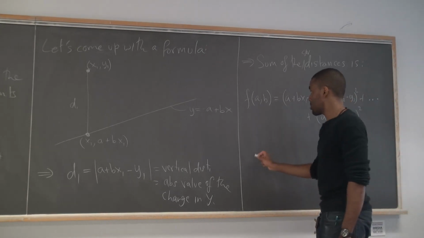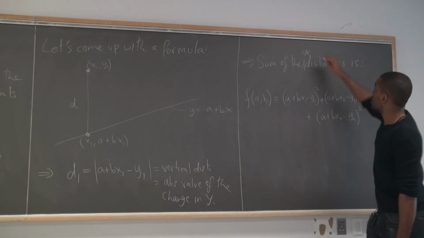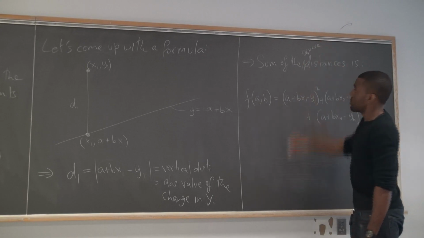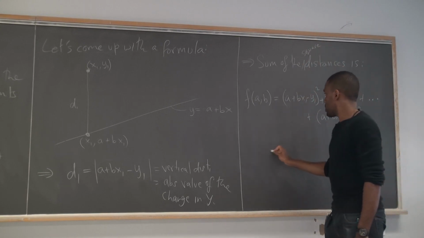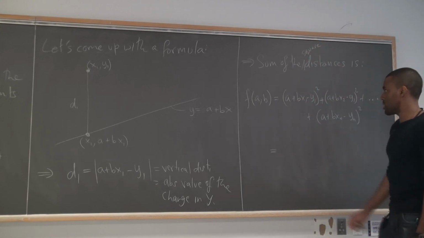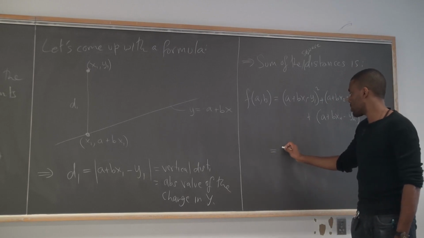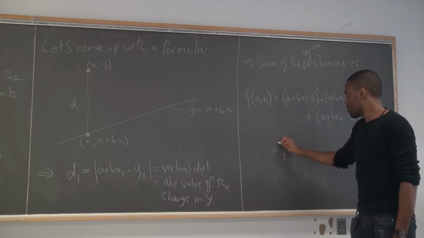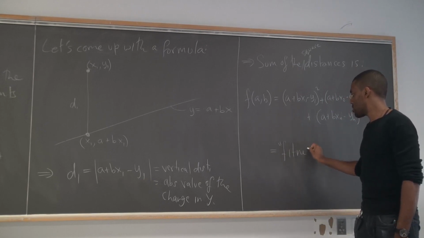So what does that say? Sum of the what? The square distances. That way we don't have to worry about signs or anything. It just gives us a nice number to work with. And so this is called, by the way, the fitness line.